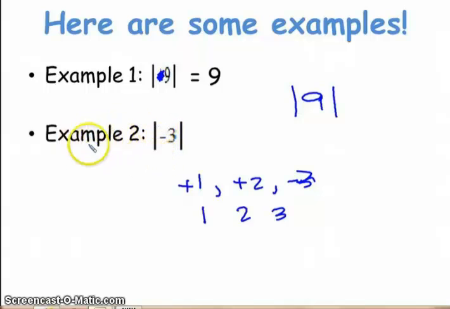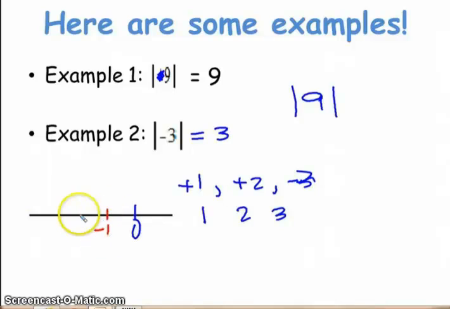Alright, so the next example, we have the absolute value of -3. Of course that would be 3, because if we were to draw the number line right here, bear with me, 0 right here, and here we have -1, -2, and -3.